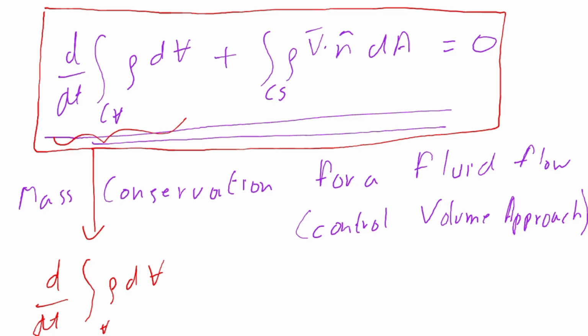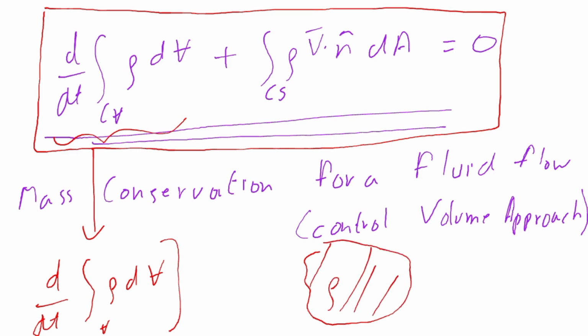Let's break it down. You have density integrated over volume. If you have a certain volume and some density distribution inside it, you integrate density over this whole volume.